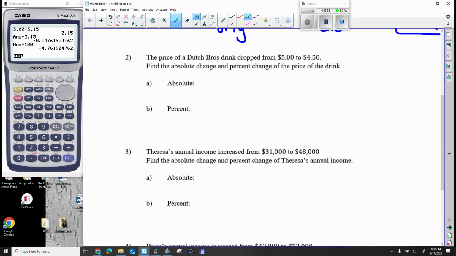So the price of a Dutch Bros drink dropped from $5 to $4.50. Find the absolute and the percent change of the drink. So the absolute again is going to be the new minus the original. So that is going to be $4.50 minus 5.